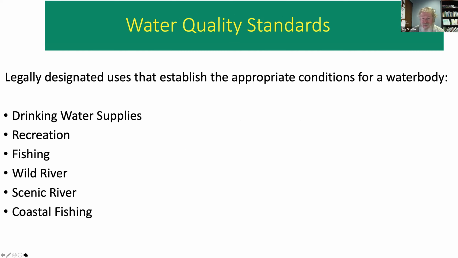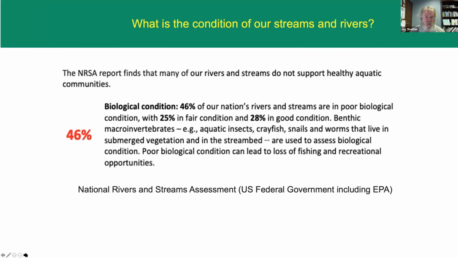So legal definitions or legal designations, if you will, that determine the appropriate condition, in other words, the quality of water in the United States, include things like designated as a drinking water supply, designated for recreation, designated for fishing, and for others. Whatever the designation is, it determines what the appropriate or proper conditions are for that water body.